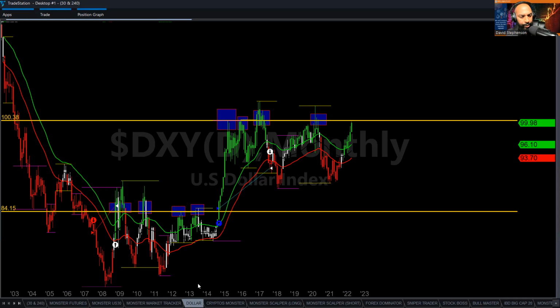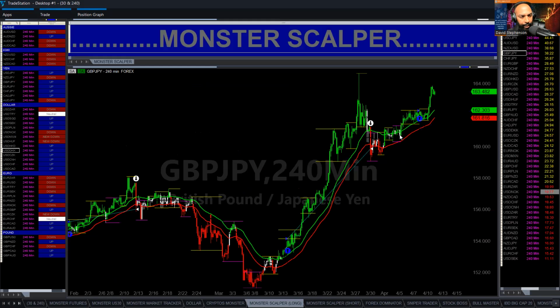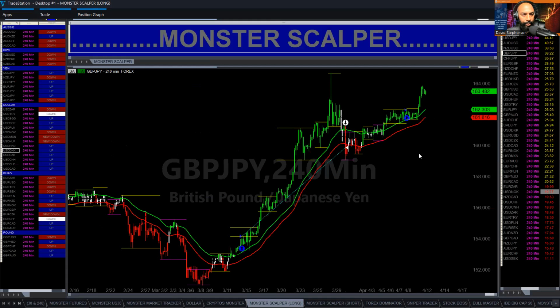Okay. We had talked about the yen pairs. I know Peter brought up the yen pairs last night, and we saw a big move in the yen pairs. So this is pound yen. Big move in the pound yen overnight. Here was the buy signal, big push overnight.